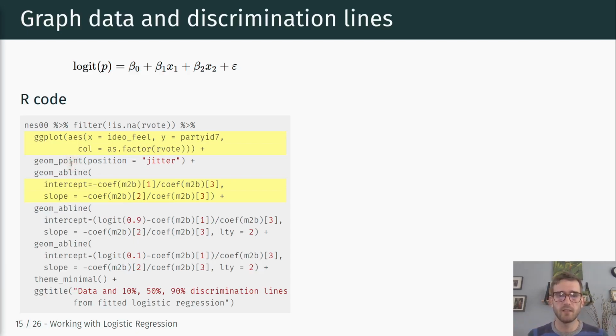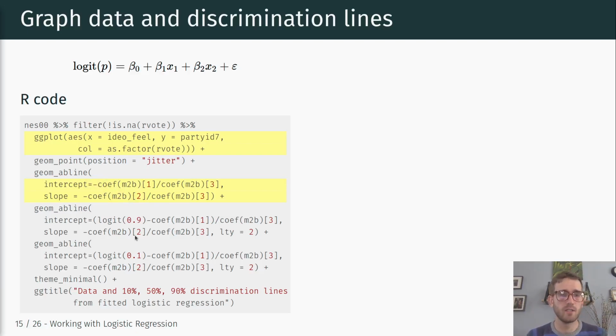We're also just adding points, so a basic scatter plot, but then we're adding three types of abline, so basically just straight lines, and these straight lines, again, according to the model, indicate equal probabilities. For each of those, we set different values of p, and then solve for x2 in order to compute both the intercept and the slope for that given discrimination line.